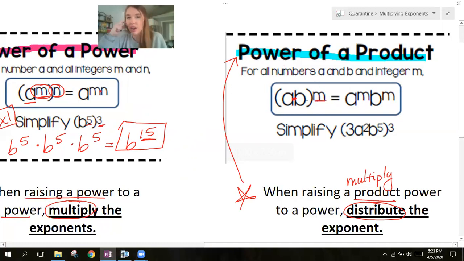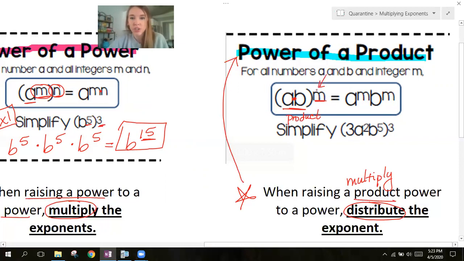Okay, now I know it's kind of confusing when it's not actual numbers in the examples, but just bear with me here. Okay, so what you're going to do is if you are multiplying something, you have a product here. Okay, that's our product. And it's being raised to an exponent.